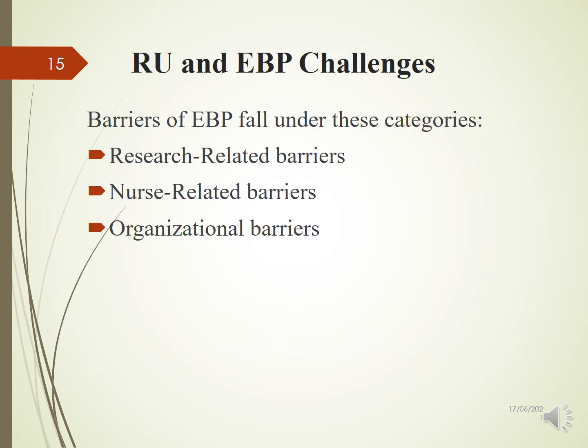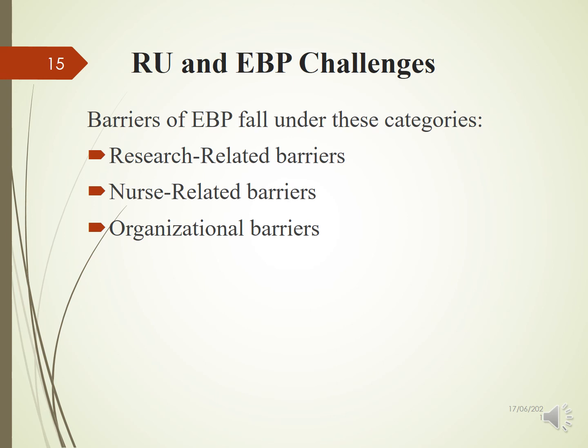Then finally, let's look at the challenges of evidence-based practice. Now we are advocating for evidence-based practice and research utilization, but they have challenges. And the challenges are categorized into 3: research-related barriers, nurse-related barriers, and organizational barriers.